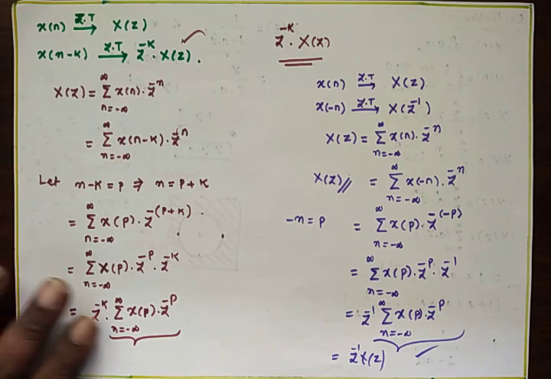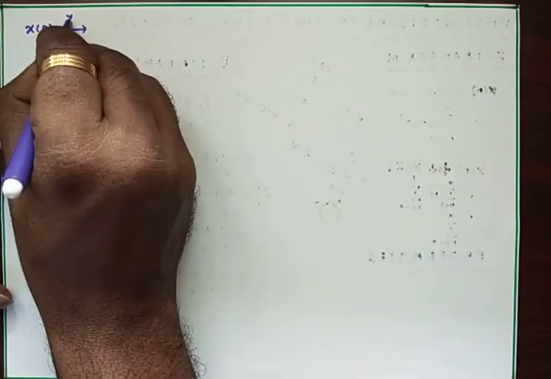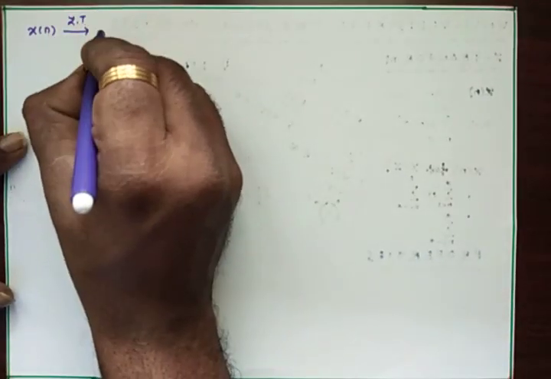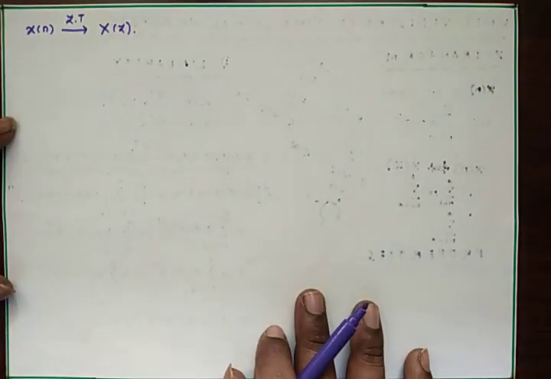By discussing one more property, I am going to close this. For example, we have the signal x of n, on which we applied the z transform, so we get x of z.